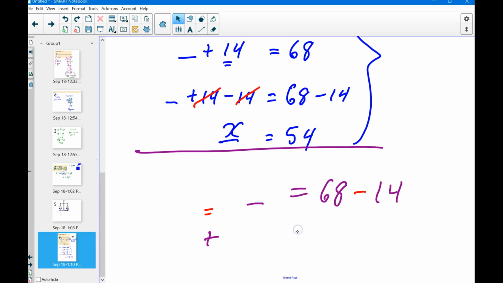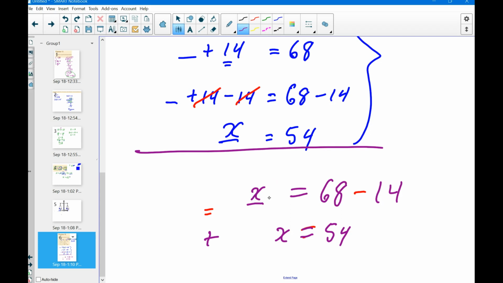So you see now, it's just going to be... Make sense? So all I did, just to recap that, just take the number, drag it over there, change the sign from plus to minus.